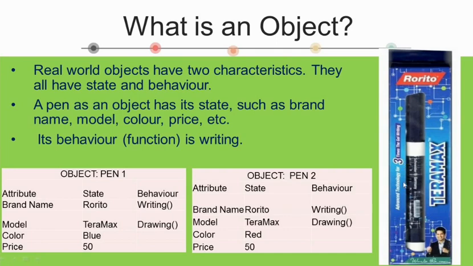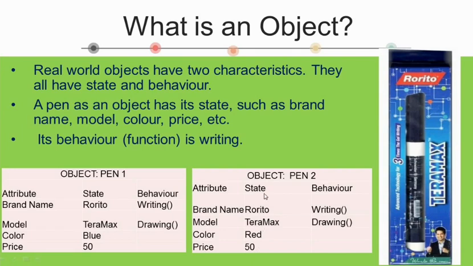So there will always be an attribute whose state will be different. Different objects may have the same attributes and the same behavior, but at least they will have one distinguishing state.